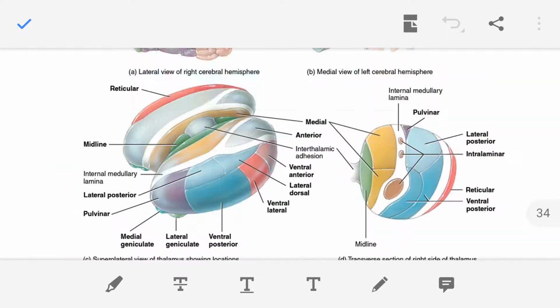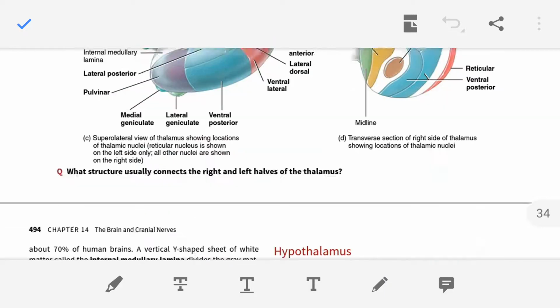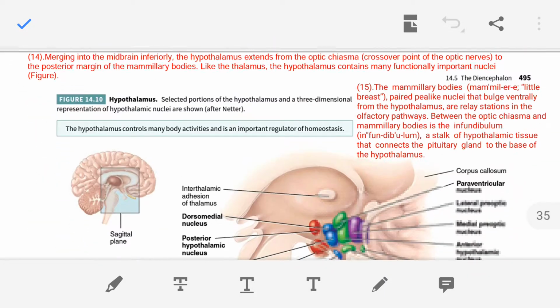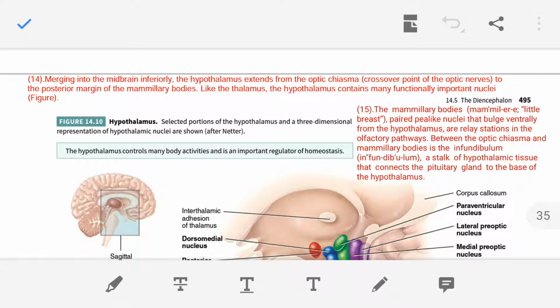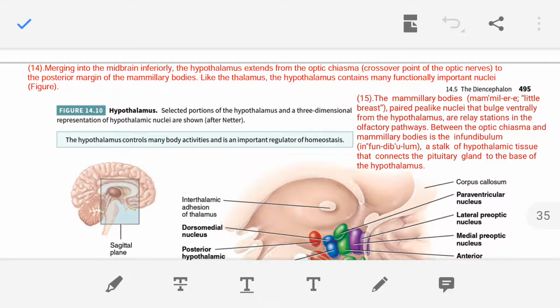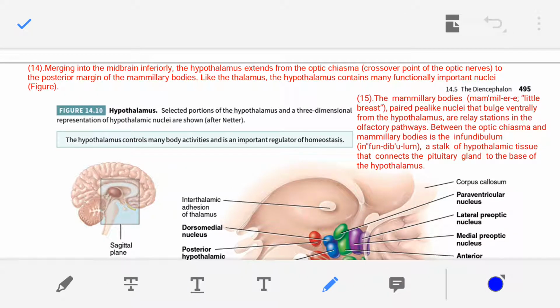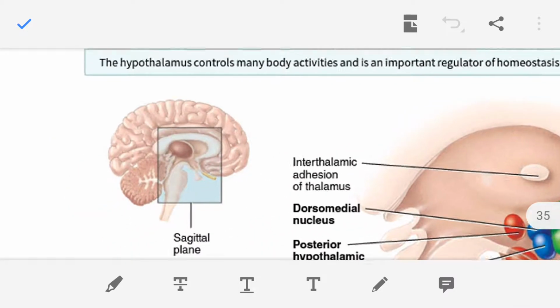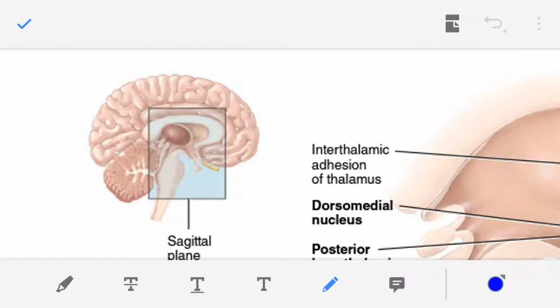Now the 14th point we are discussing. 14 means second point, excuse me. Now see, in this point, the hypothalamus merges with the midbrain. Over here you can see that this is the brain stem they are showing, and the brain stem has three regions.